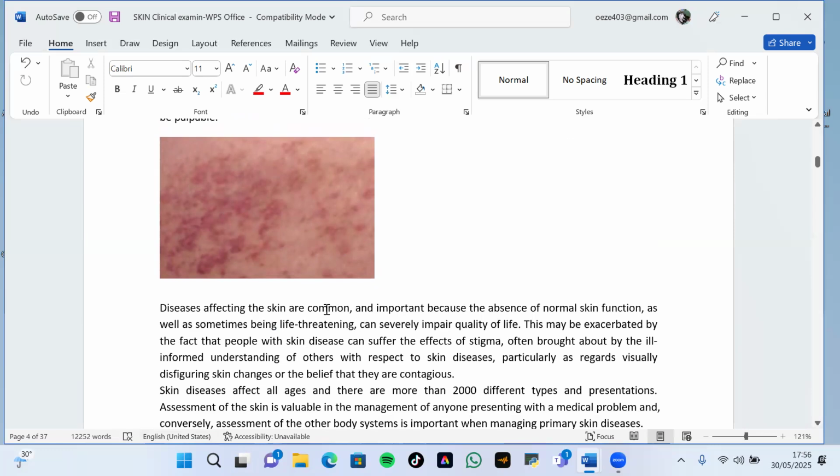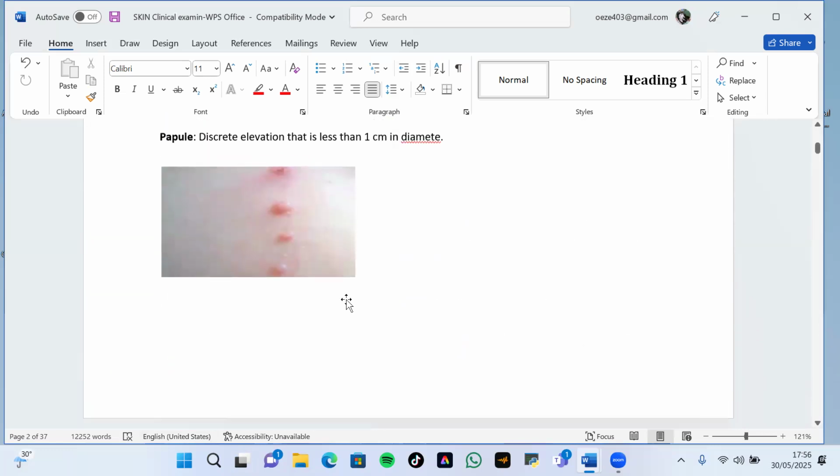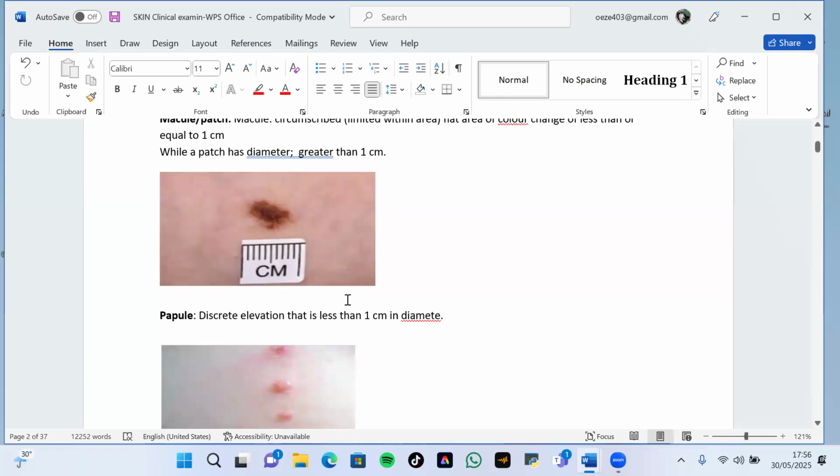So these are terminologies used in discussing some integumentary related disorders. Thank you and have a wonderful time.